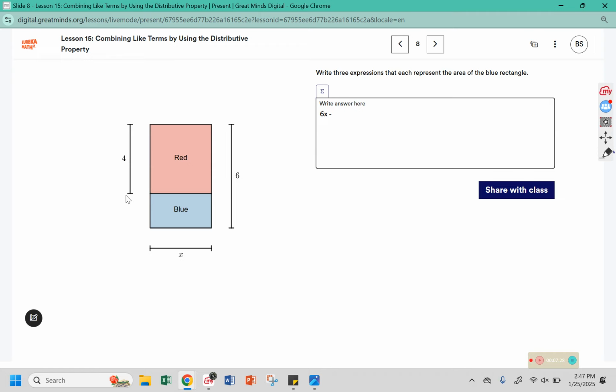It has a height of 4 and a base of x, so it's 4x. We could think of it as the base times the height. Well, if the whole height is 6 and the height of the red is 4, then the height of the blue must be the difference between 6 and 4, which is a height of 2, so 2 times x.